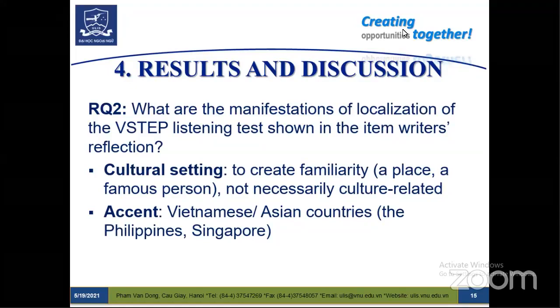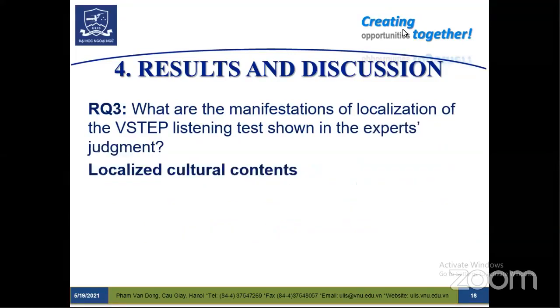So this is the item writers' reflection, and we're going to see whether it matches the expert judgment. That is the thing we can see in question number 3. For the expert judgment, based on the analysis, we also summarized and see three main points.